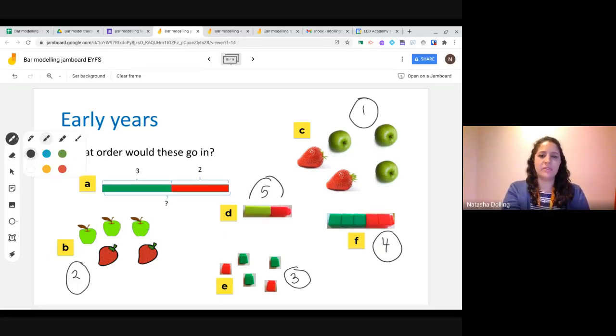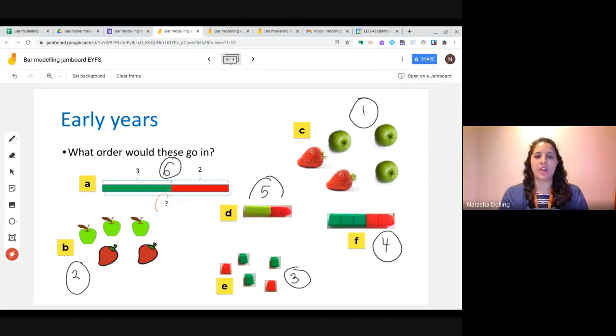We do not have individual resources to represent the fact that the green is 3 and that the red is 2. Because if we were using cuisinaire, for example, it would be proportional. And then finally, we would move on to actually drawing out the bar model and adding in our numbers and our question mark to represent our unknown.